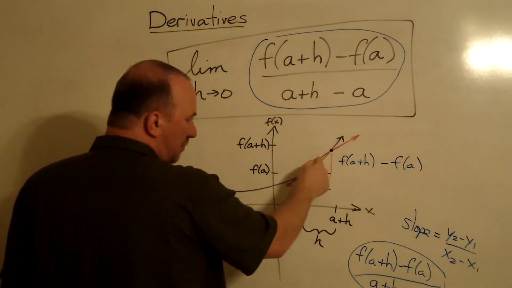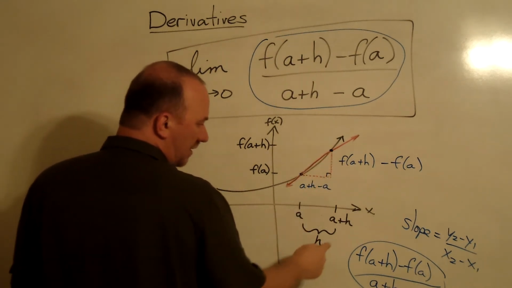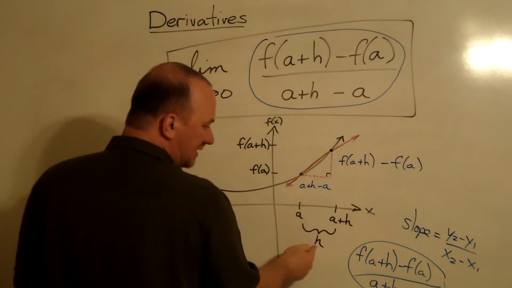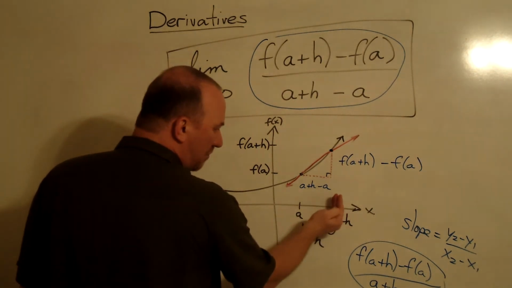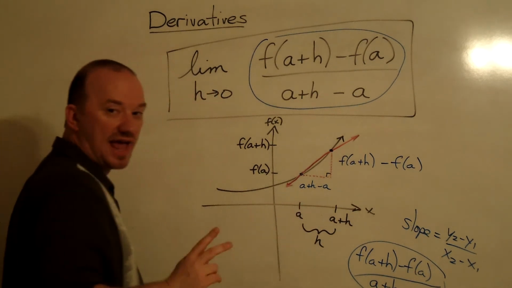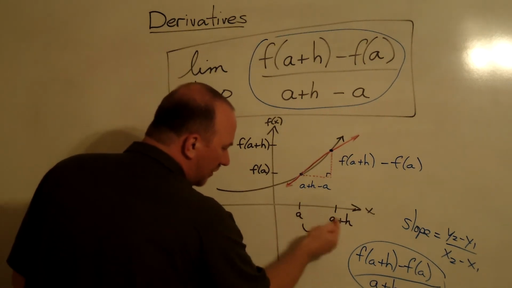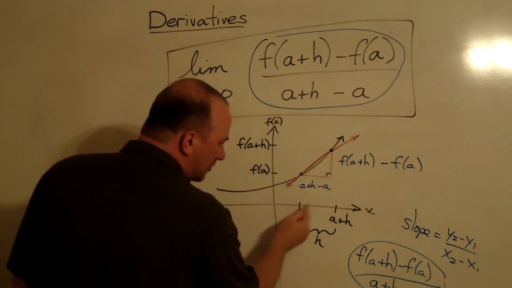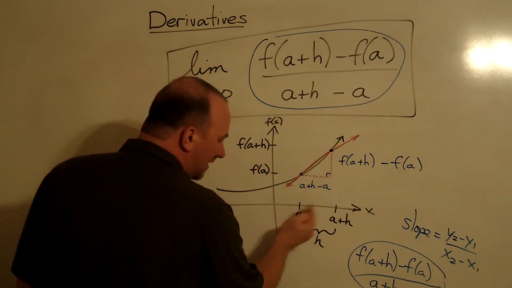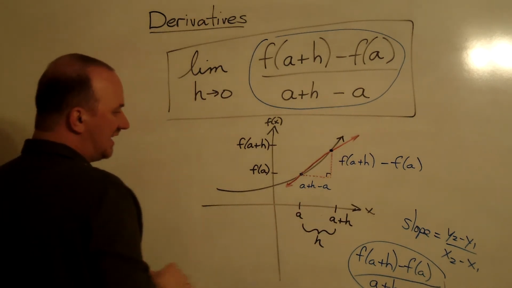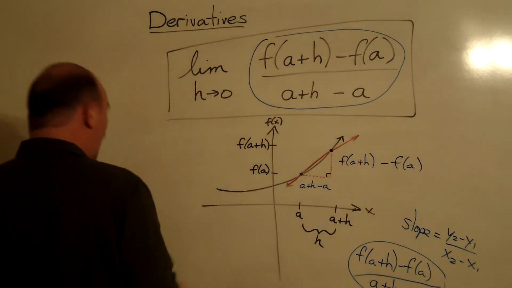As we bring this point in on that curve, this h that we're adding to this a would approach 0. H would become 0 because as we're adding 0, we would be coming closer to a. We're not adding anything to a if we get to a point where h is actually 0.